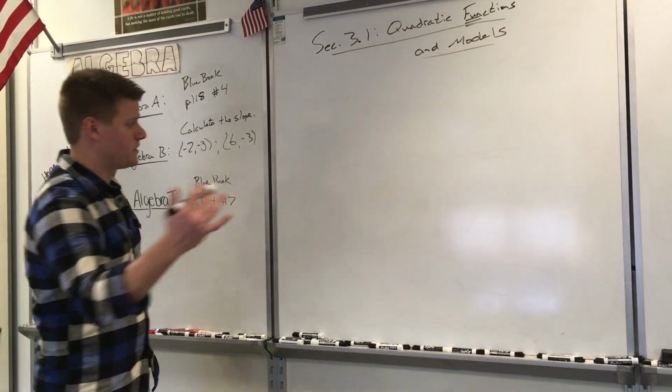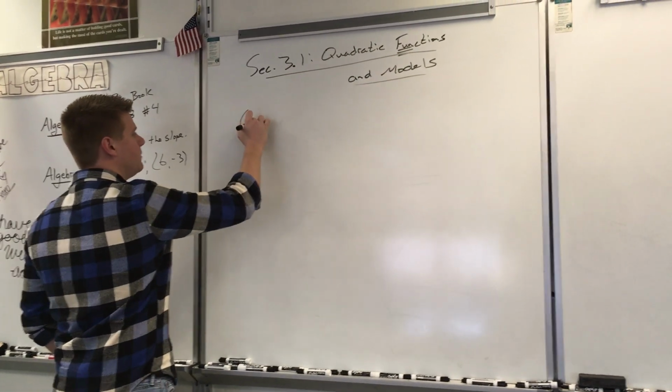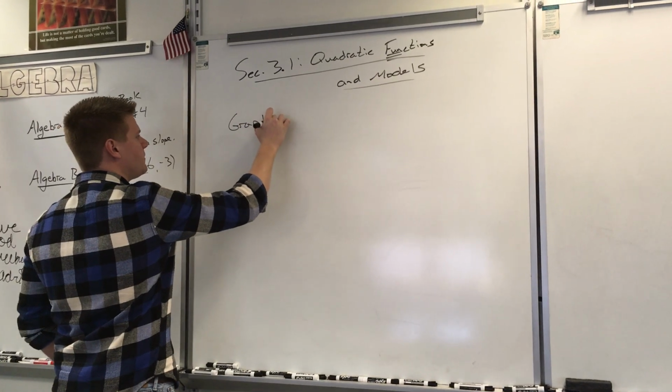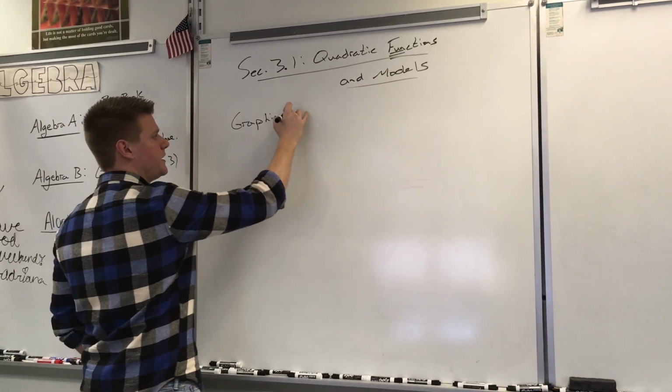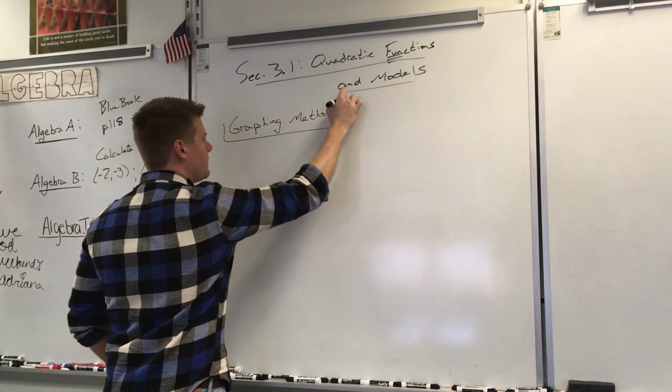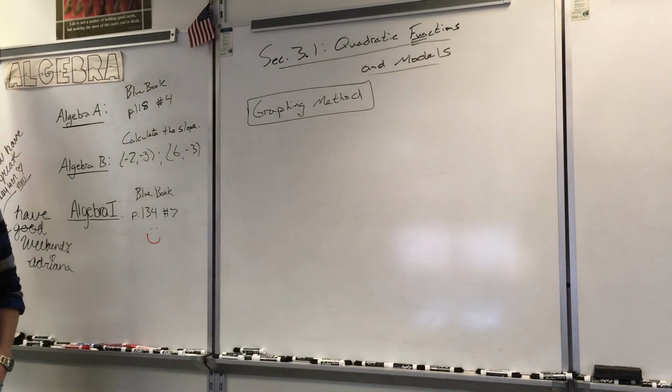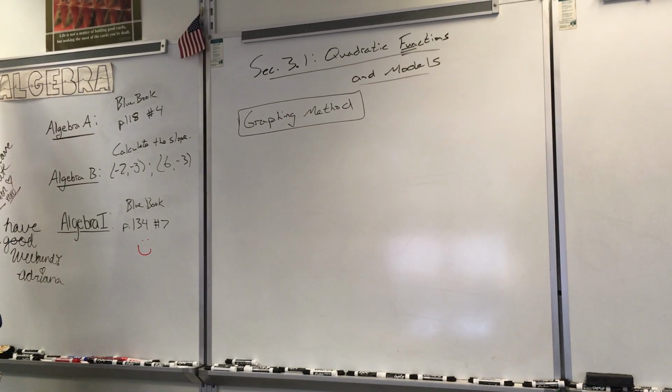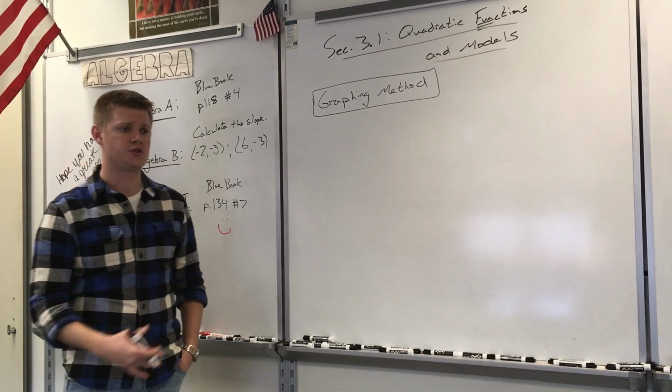The general graphing method has 2 different forms. One of them we saw in the class right before break, and the second one will finish off this section. Regardless of the form, the 2 forms are general and standard.